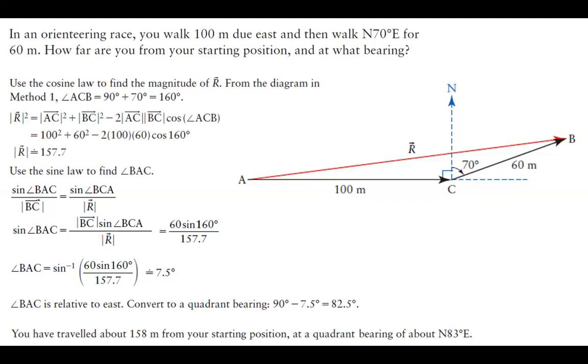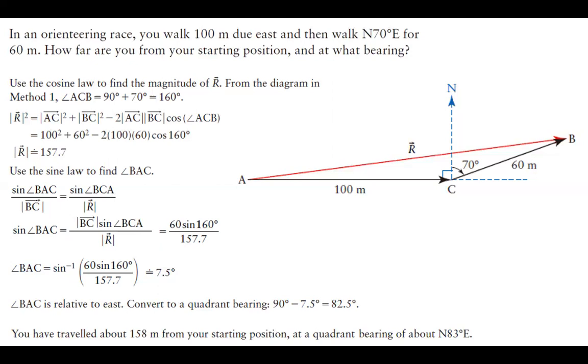So we have sine angle BAC equals the magnitude of BC times sine angle BCA over the magnitude of r. Again, put all the values in. This gives us angle BAC is arcsine of 60 times sine 160 degrees over 157.7, which is approximately 7.5 degrees.